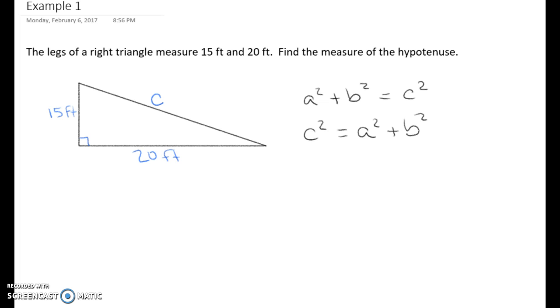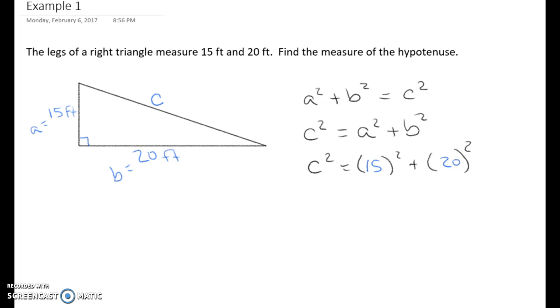I'll now substitute my values in, for A, I will put 15, in for B, 20.